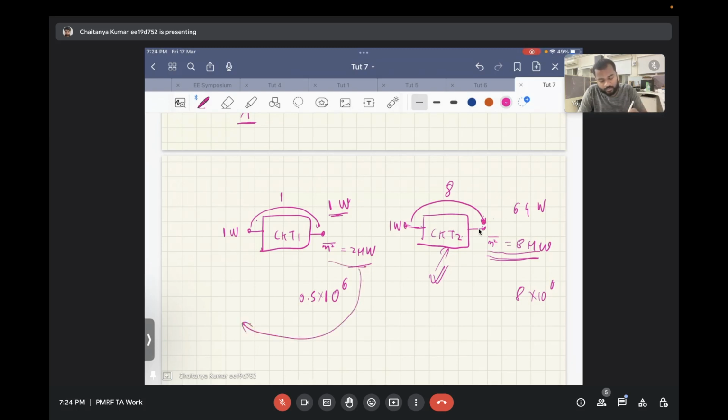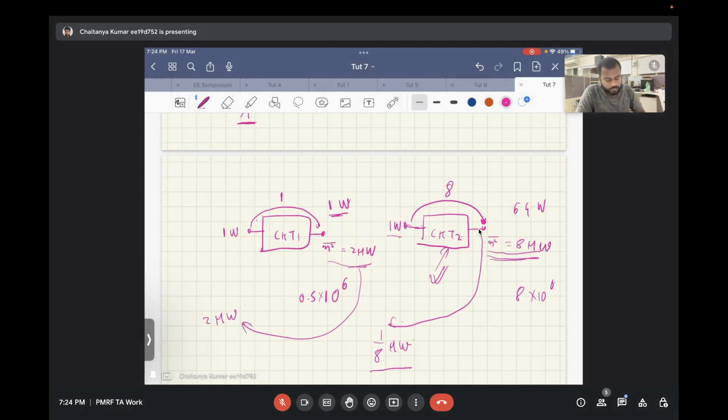So the input referred noise power for circuit 1 will be 2 microwatts only, while for circuit 2 it will be 1 by 8 microwatt. So you could directly say, by looking at the input referred noise power, that circuit 2 is better.